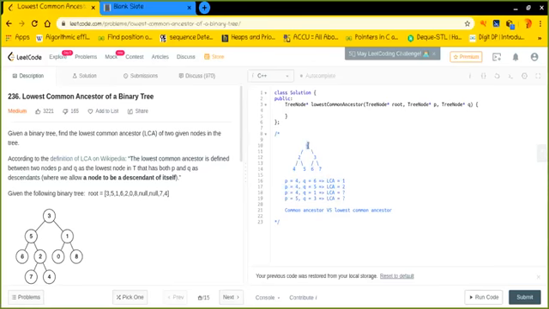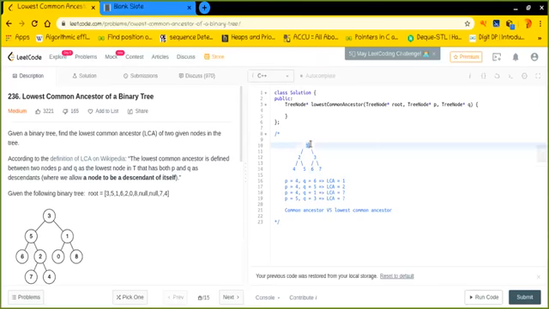See, it's interesting. If I talk about 4 and 1, I can think of 4, but what about 1? Because 1 doesn't have any parent, isn't it? It's already the root node of this binary tree. That is why a statement is given in this question where we allow a node to be a descendant of itself. Let's say we are given two nodes P and Q, and there the node can be the descendant of itself.